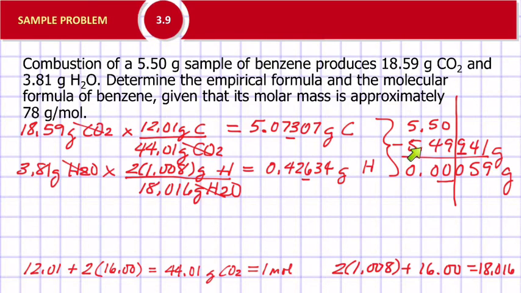But when we look at significant figures and we subtract these, we end up with 0 within the uncertainty of the measurements. And so based on that, we're going to say there's no oxygen in this compound. And that's actually true. Benzene doesn't have any oxygen. It's just carbon and hydrogen.